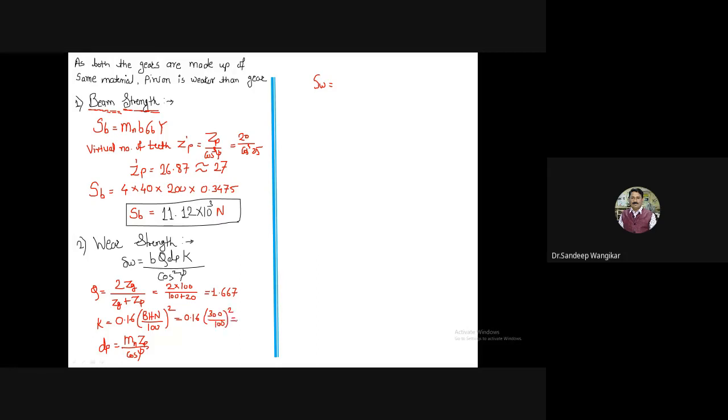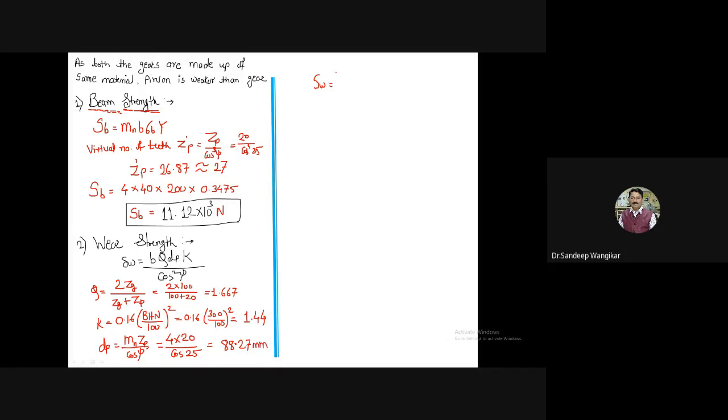You will get K as 1.44. And MN ZP: here MN 4 into 20 divided by cos of 25 is equal to the DP value, 88.27 millimeter.